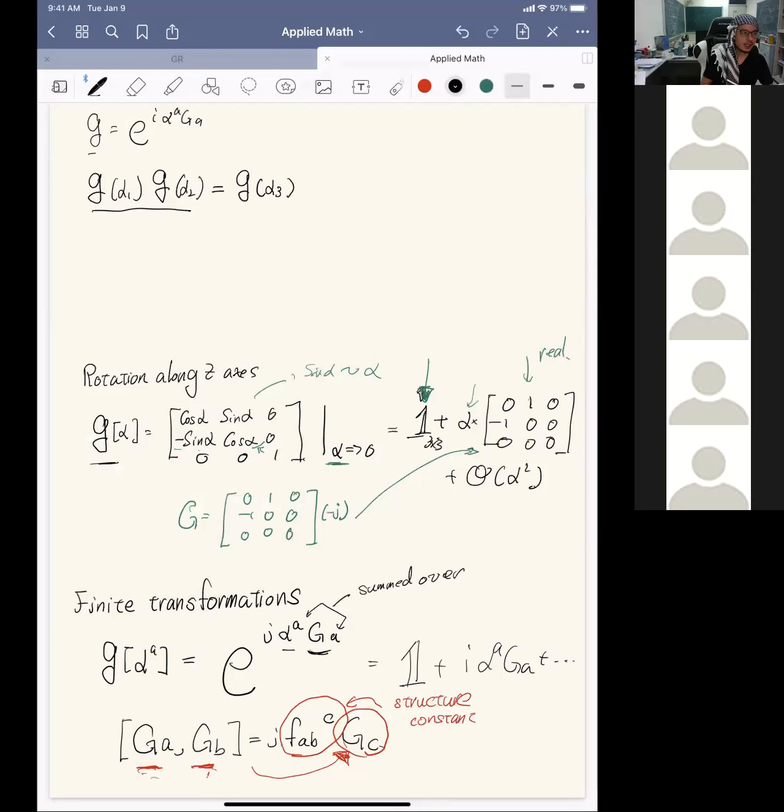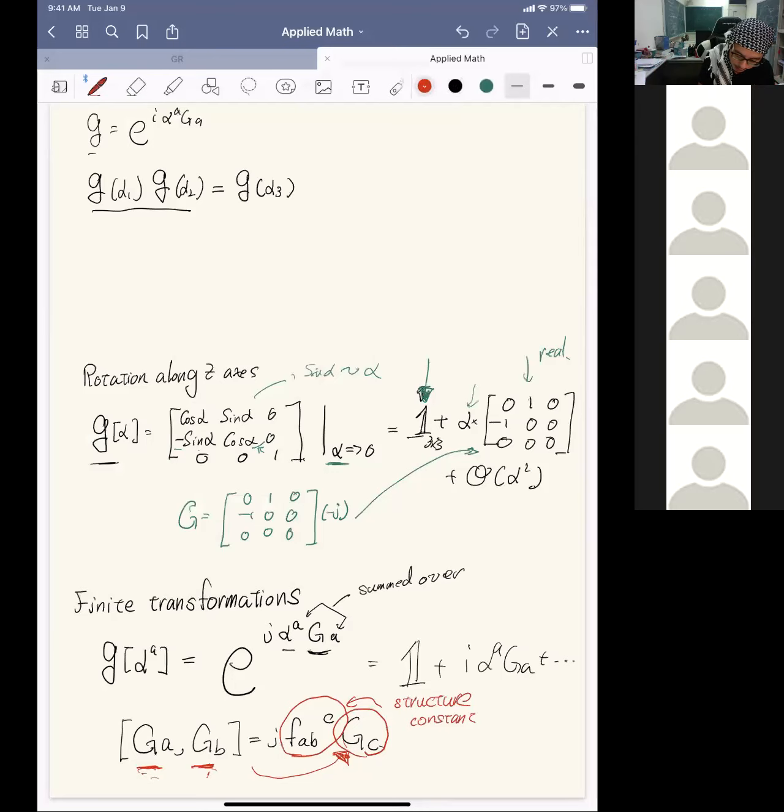Just like if G is about rotations, then the result of two rotations, irrespective of which axis you're rotating about, should just give you another rotation. So that's basically what this formula means.